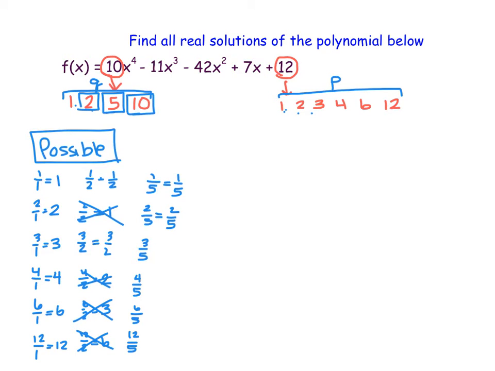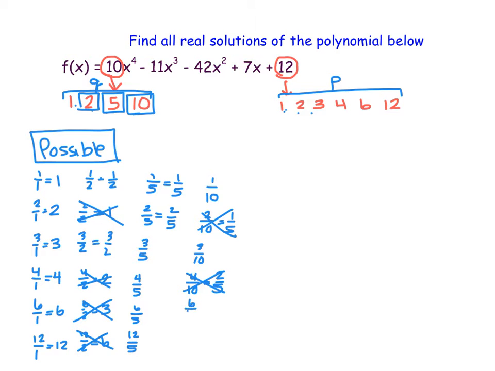Finally, we take our q value of 10. So we have 1 over 10, and that one doesn't simplify any further. We then have 2 over 10, which simplifies to 1/5 and is a repeated value, so we can cross it off. We then have 3 over 10, which is a fraction that doesn't simplify further. We then have 4 over 10, which simplifies to 2/5 and is a repeated number, so we can cross that one off.